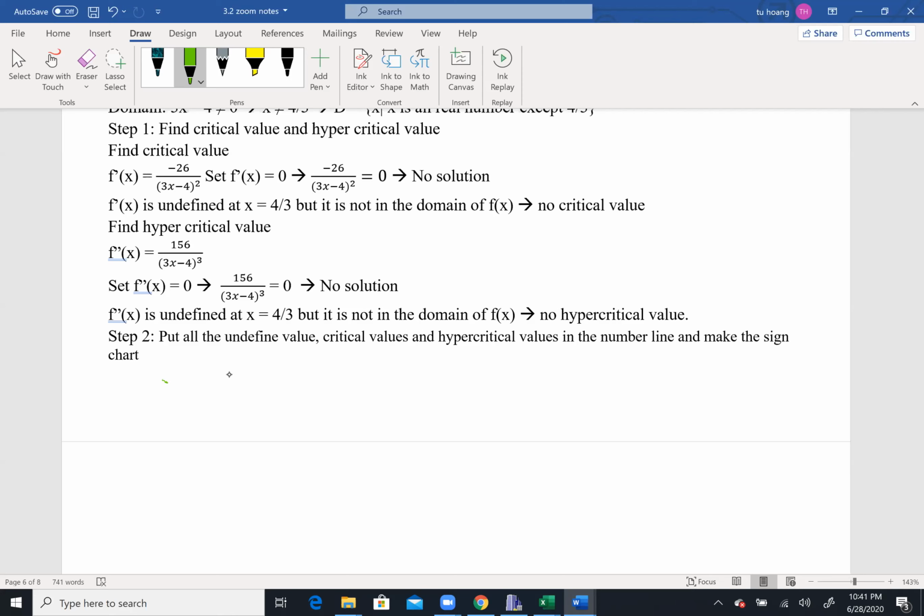See if we have enough room. I have enough, I think. So I have a number line here from negative infinity to positive infinity except 4/3, right? So I'm going to check 0 and I'm going to check 2. And I have f of x here. I'm going to move this down.